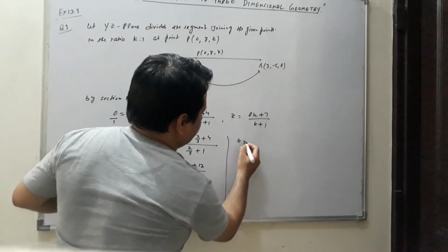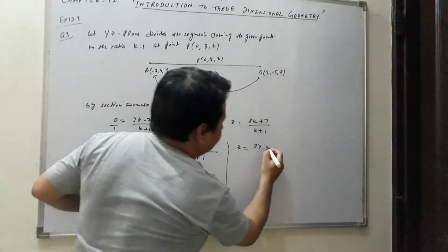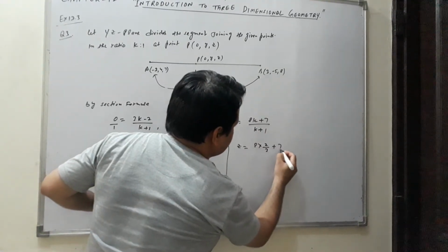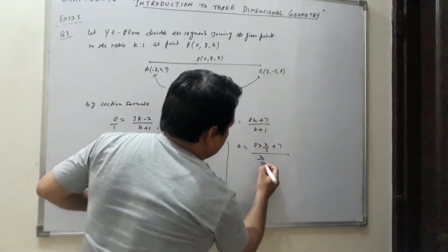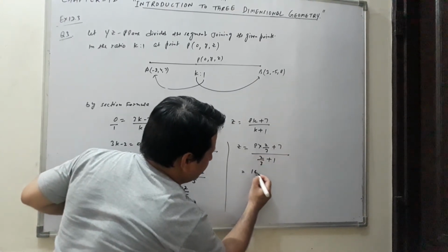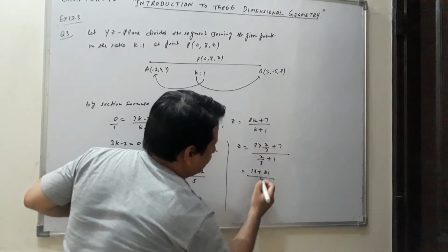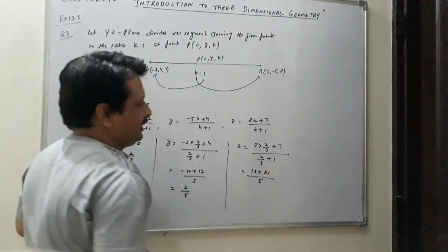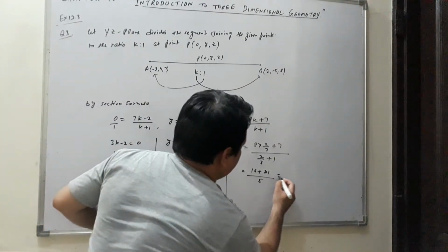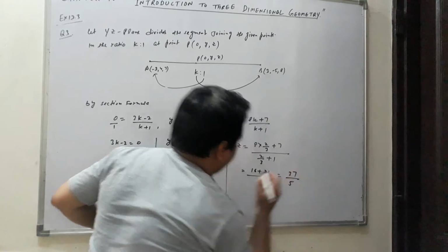Now in case of z, again 8, the value of k, that is 2 by 3, plus 7 upon 2 by 3 plus 1. So what you will get? 8 2s are 16, 3 7s are 21 upon 5, then students 3 will cancel out. So it will come as equal to 16 plus 21, 37 by 5.